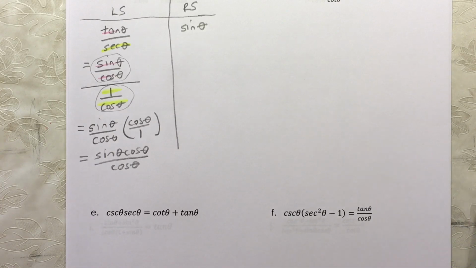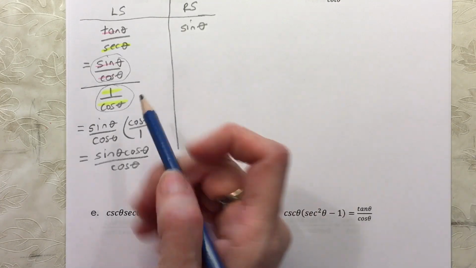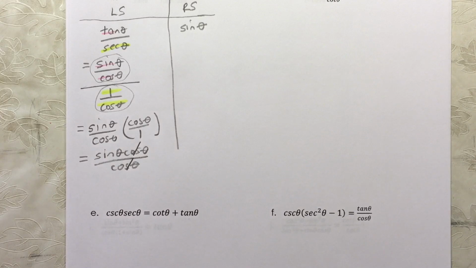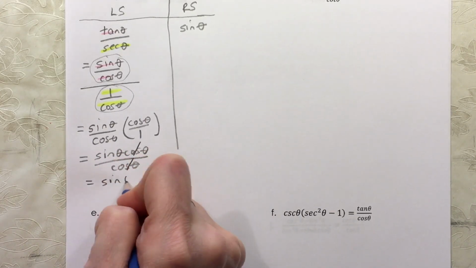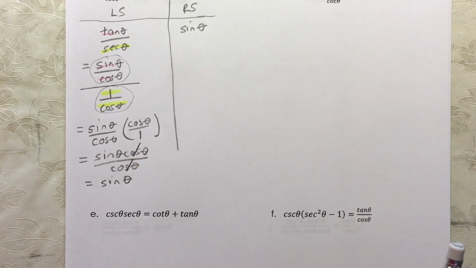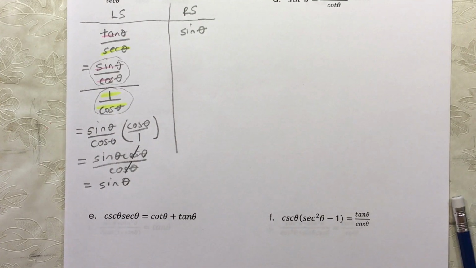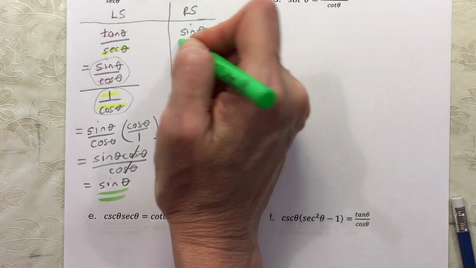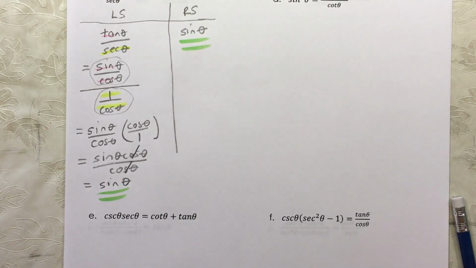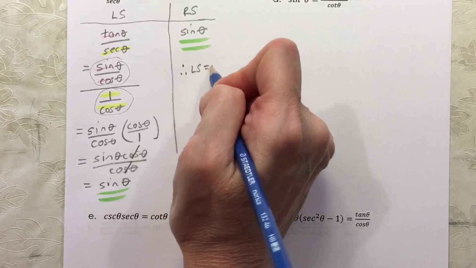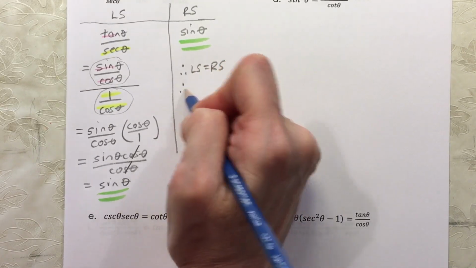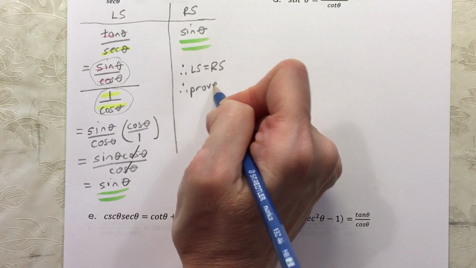And then you can see that the cos thetas are going to divide out, multiplying and dividing by cos theta. And then I'm just left with sine theta, which is what's on the right side. So now I've got the two sides to match. Therefore, left side equals right side, therefore proven.